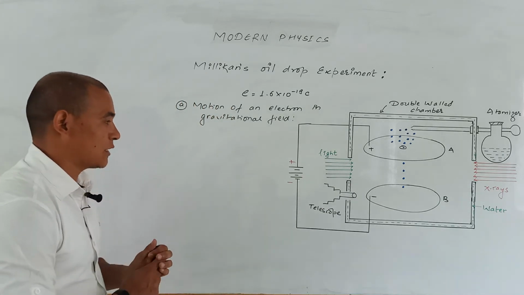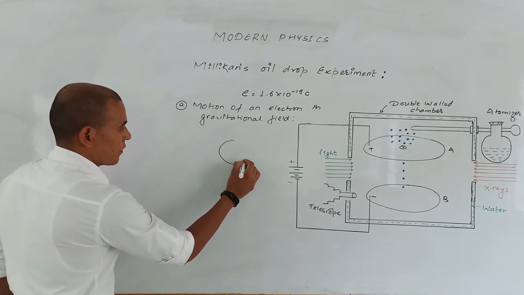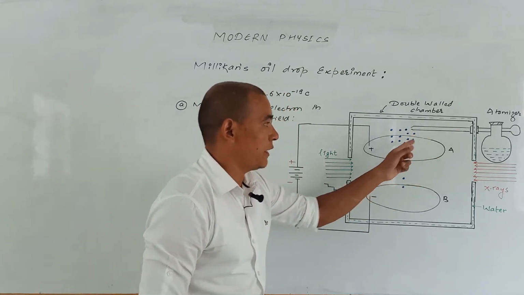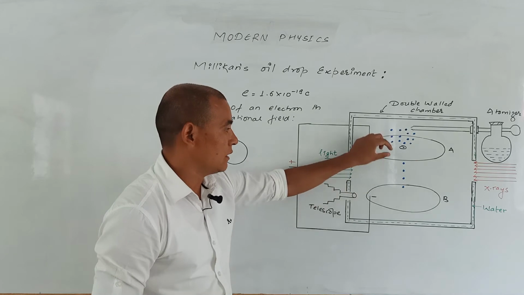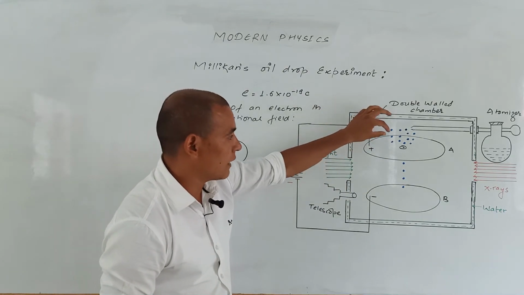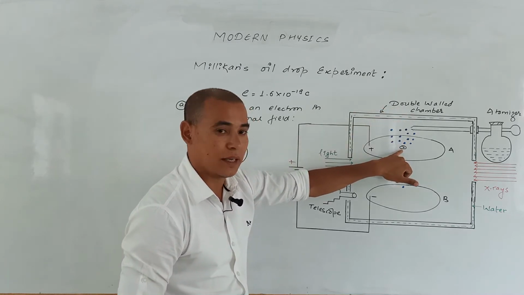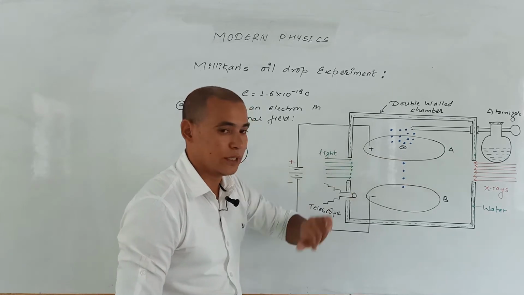I am going to explain the first point. When the oil is sprayed inside the double wall chamber with the help of the atomizer, the oil drops spread out, then a few oil drops pass through the hole of metal plate A, and they start to move slowly.